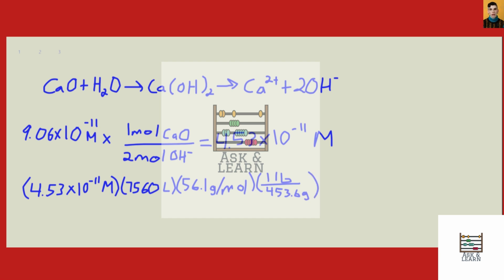So the mass of calcium oxide is going to be 4.24 times 10 to the negative 8 pounds of our calcium oxide.